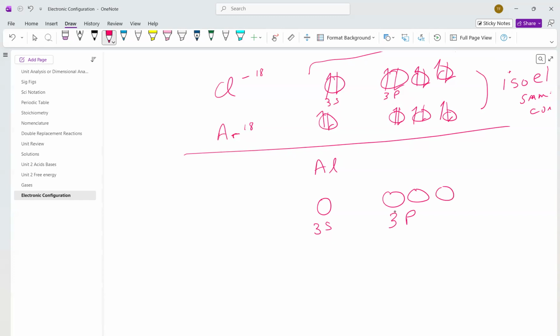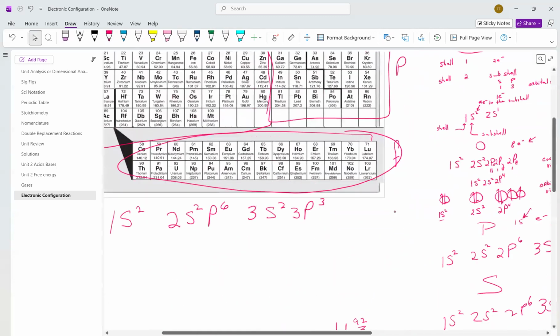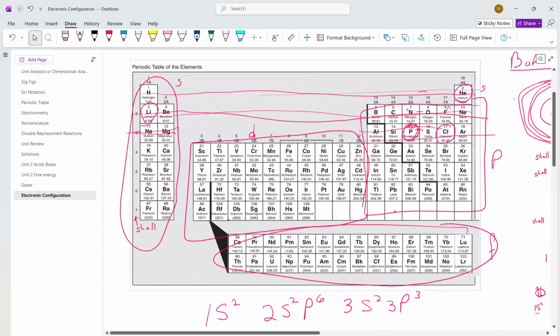So aluminum is going to be 1s2, 2s2, 2p6, 3s2, 3p1. It's 1 into the p block.